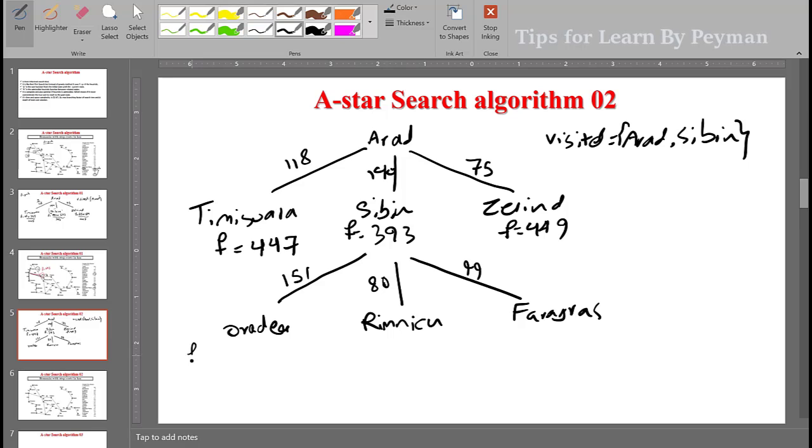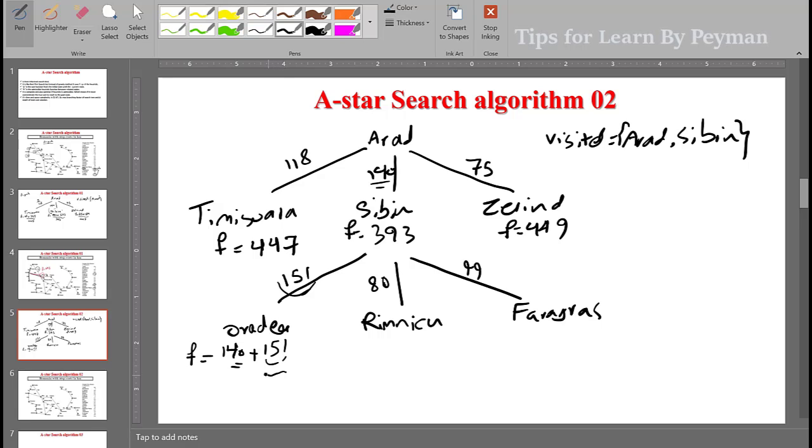So if you want to calculate it, you should pay attention here. We have 151 here, and from here, between the CPU and Orada. And as you can see, if we want to calculate the G from the root, it would be 140. It comes from here, and 151 from here.